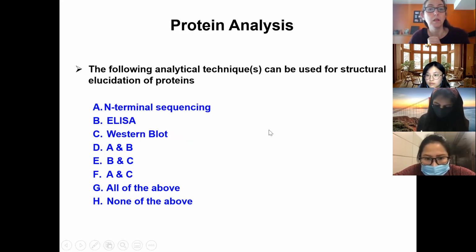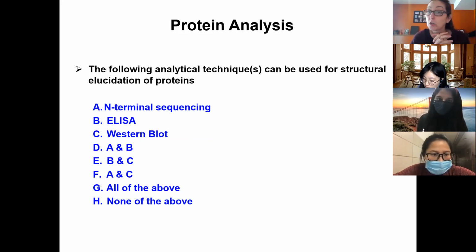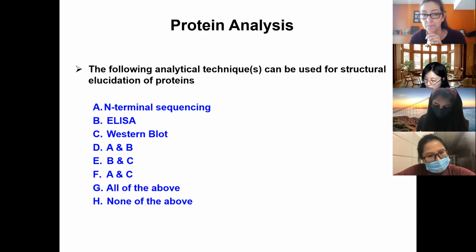The following analytical techniques can be used for structural elucidation of proteins. Elucidation meaning just identifying the structure, determining components of the structure of the proteins. Any idea?